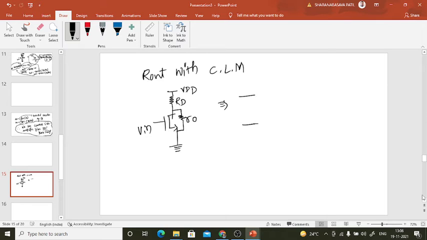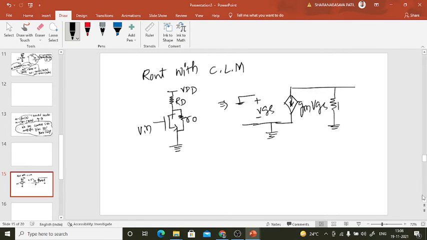Let's draw the small signal model. VDS, I said input will be grounded. You have to find R out. This is a voltage dependent current source, RD in parallel with R0.